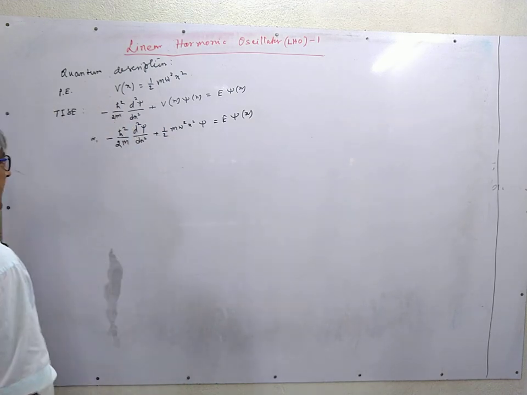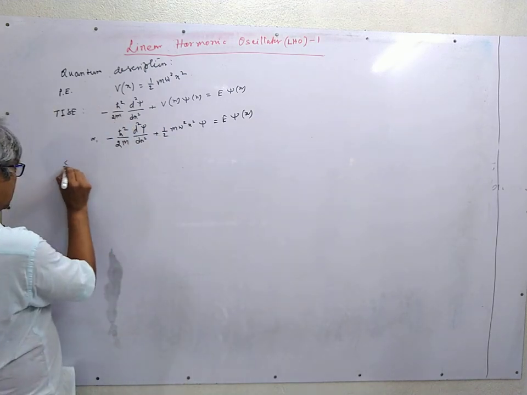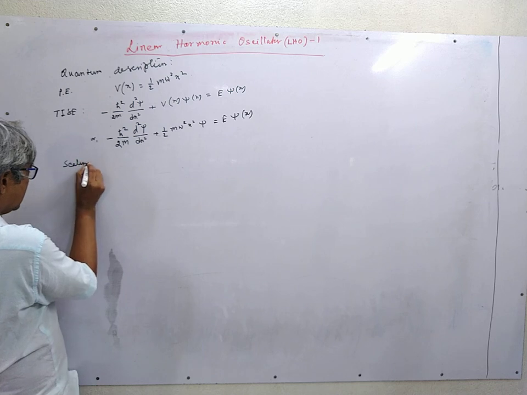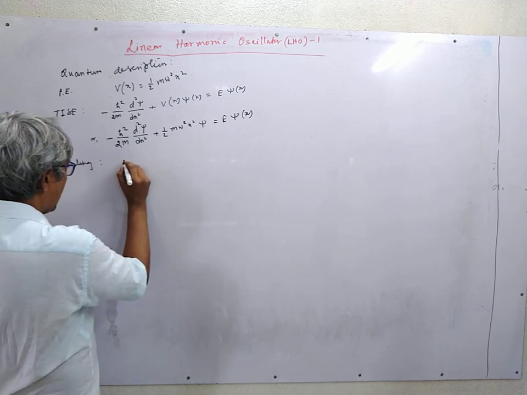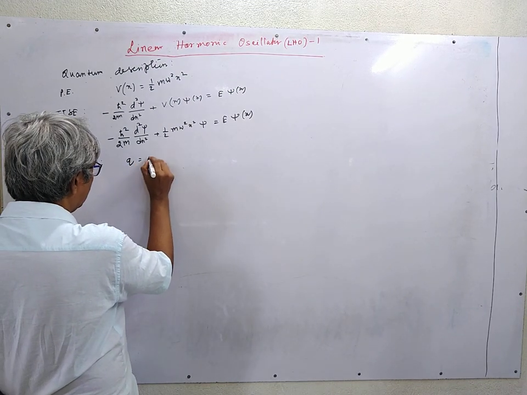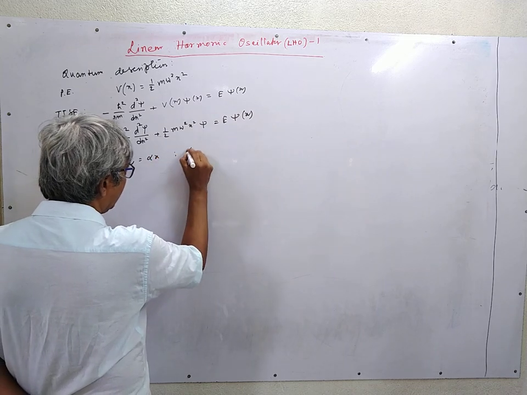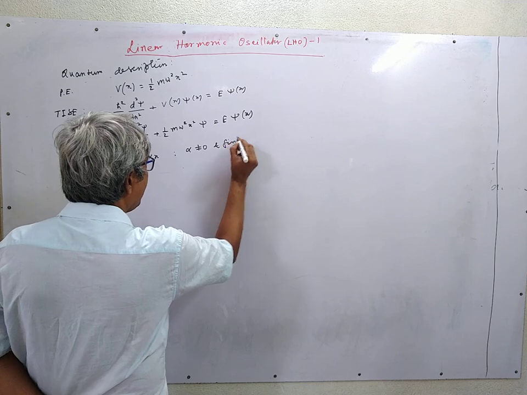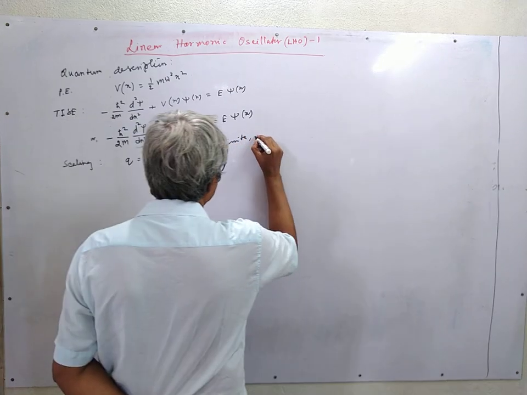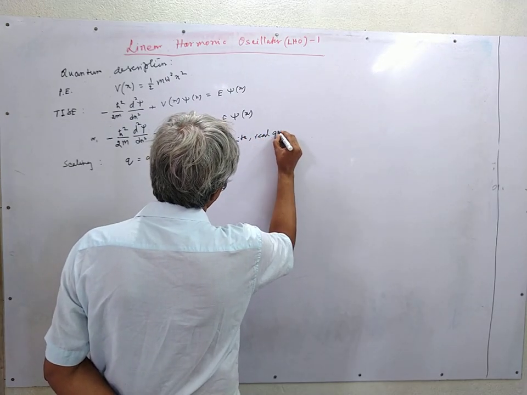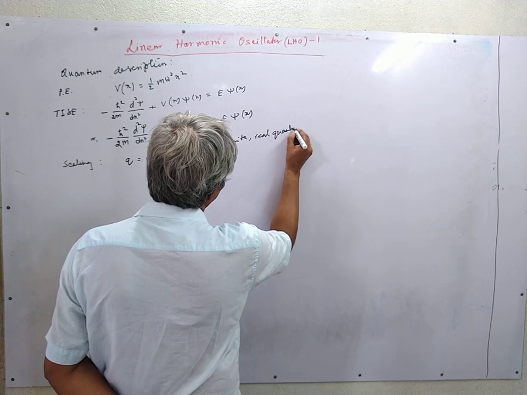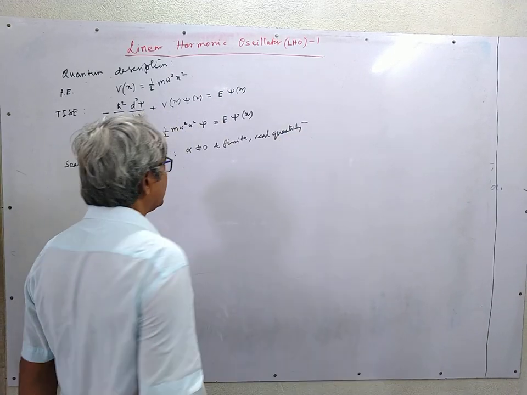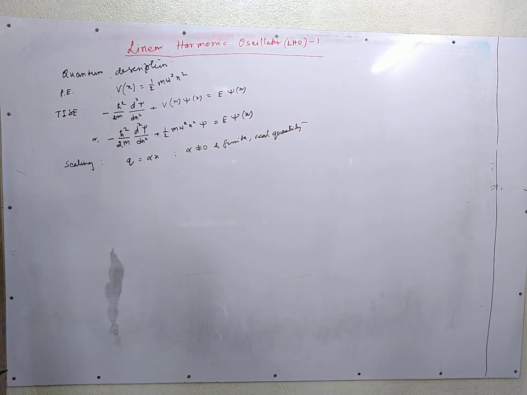We use a scaling. Scaling is that q is equal to alpha x, where alpha is a non-zero, finite real quantity. So we change the independent variable from x to q.